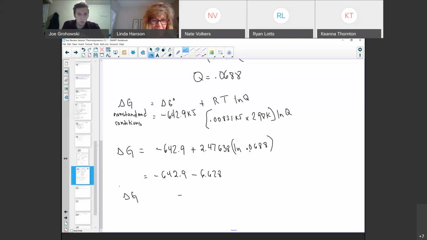Anyone? Bingo, that one. Yay. All right, that's what I got the second time too. The reason I knew I messed up is that I'm subtracting from a negative number, so the number should get more negative. Yes, perfect. We are in agreement, and that would end up in kilojoules.